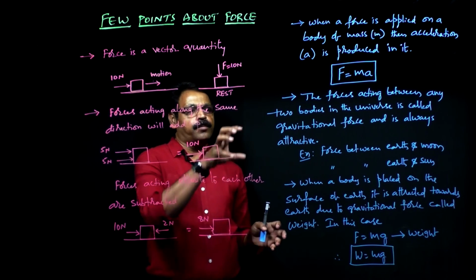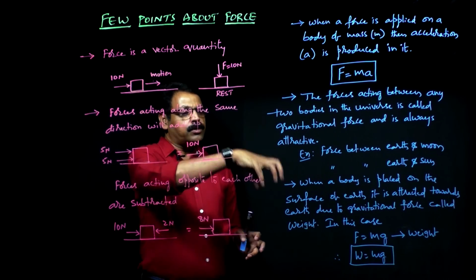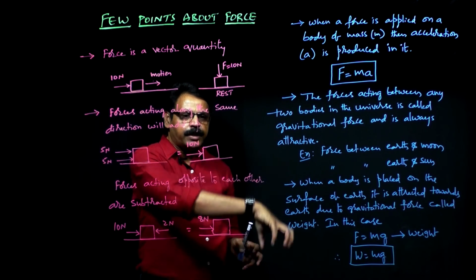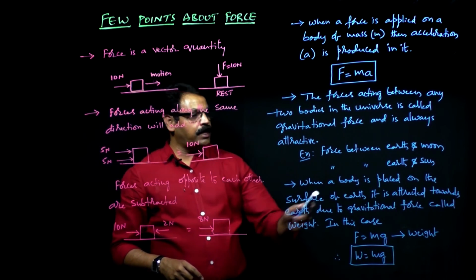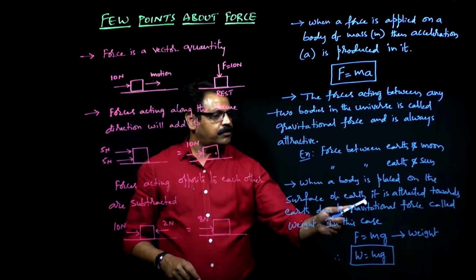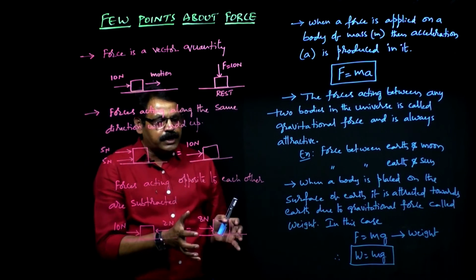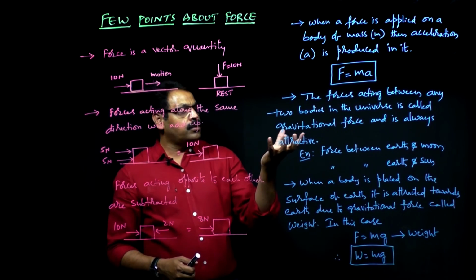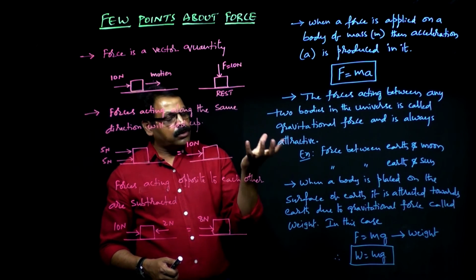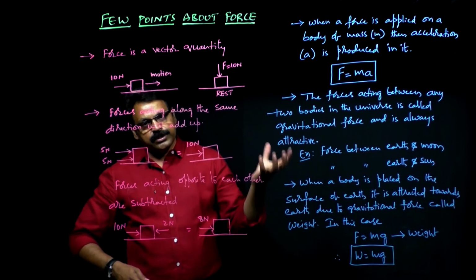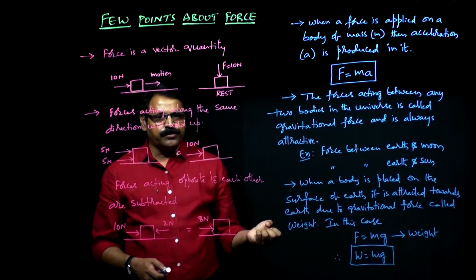If you keep some body on a table, because of the gravitational force only it remains on the table. So when a body is placed on the surface of earth, it is attracted towards the earth due to gravitational force. Not only earth, all other planets also have gravitational influences.